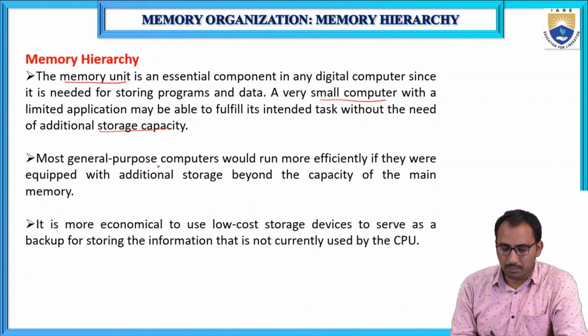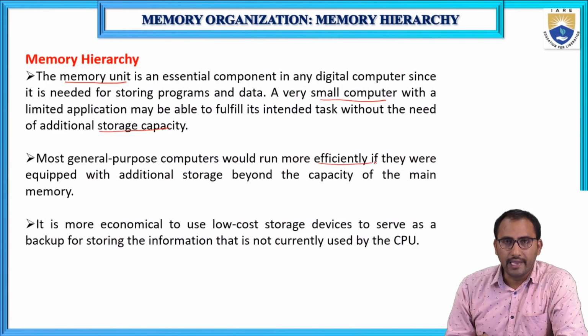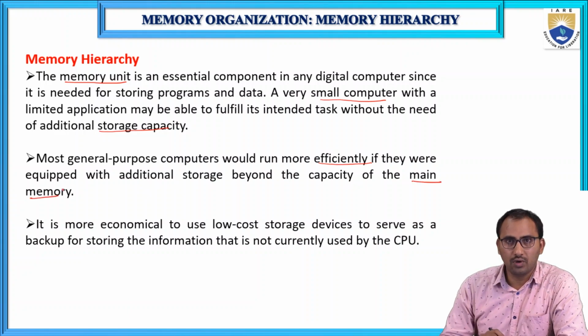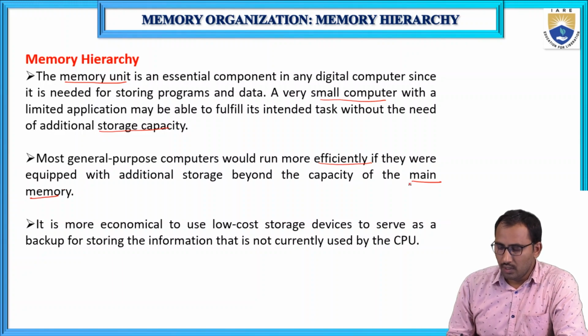Most general purpose computers would run efficiently if they were equipped with additional storage beyond the capacity of the main memory. Main memory is limited, and RAM, random access memory, can be considered the main memory.